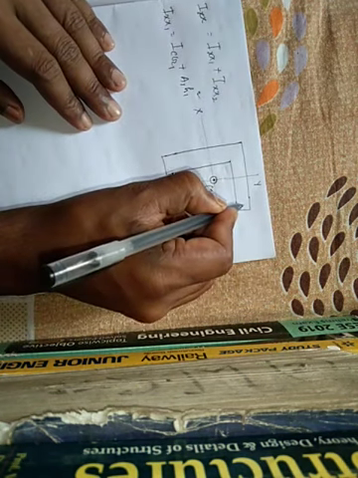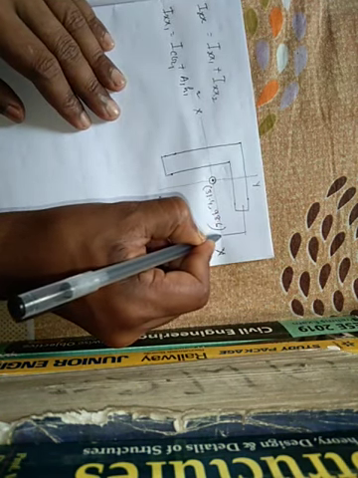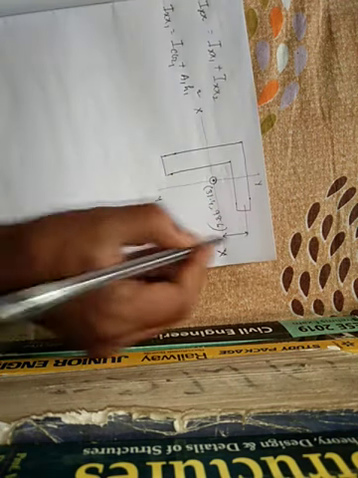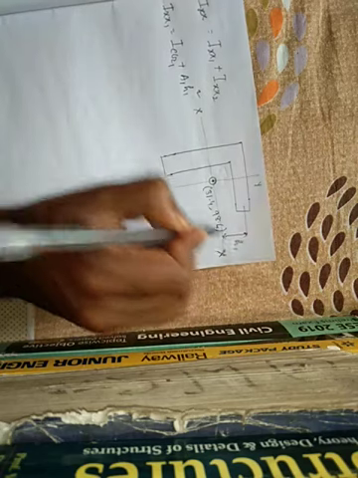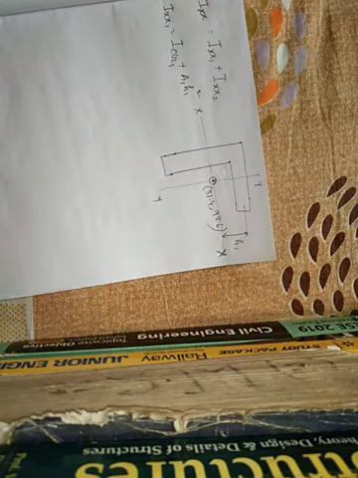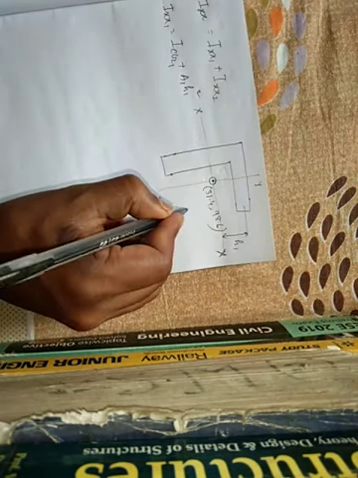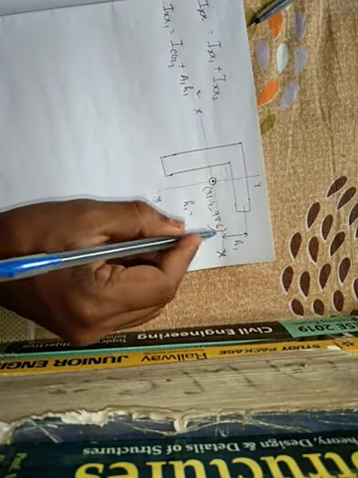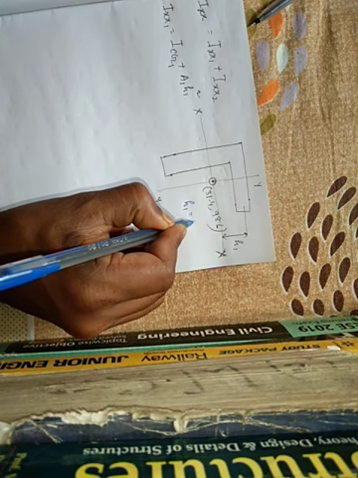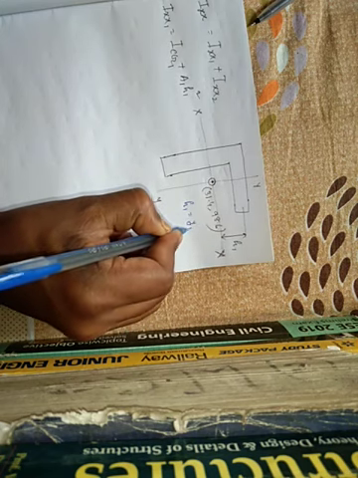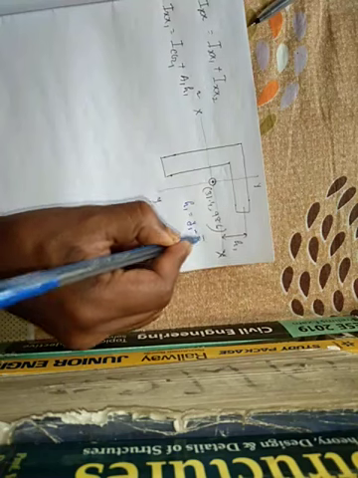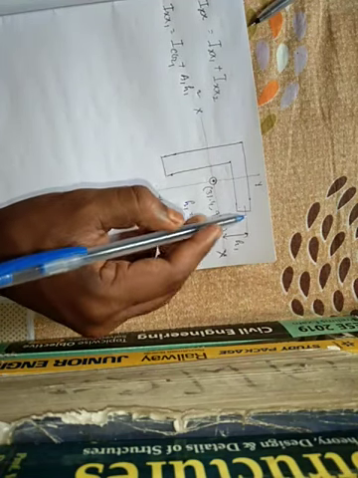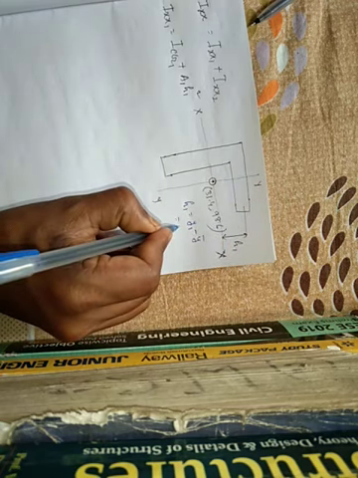Now find out the h1. H1 will be from the center of this section to the x-axis. The h1 is equal to y1 minus y bar. Y1 is equal to 135, we have calculated.